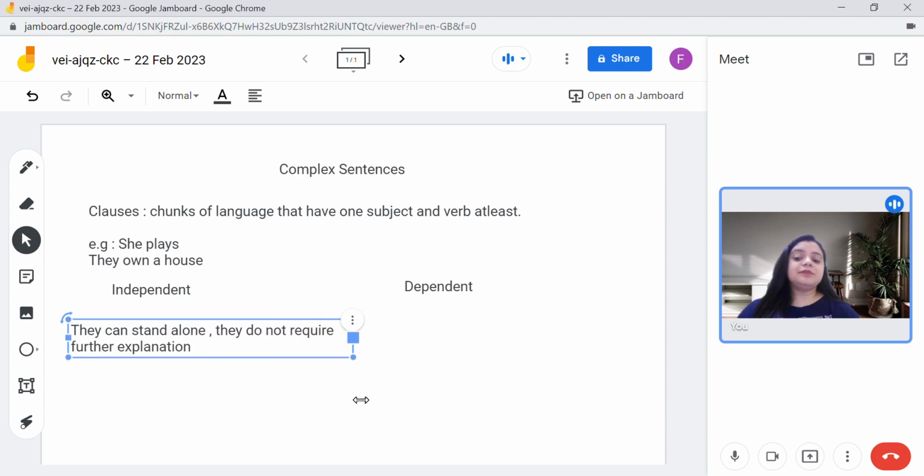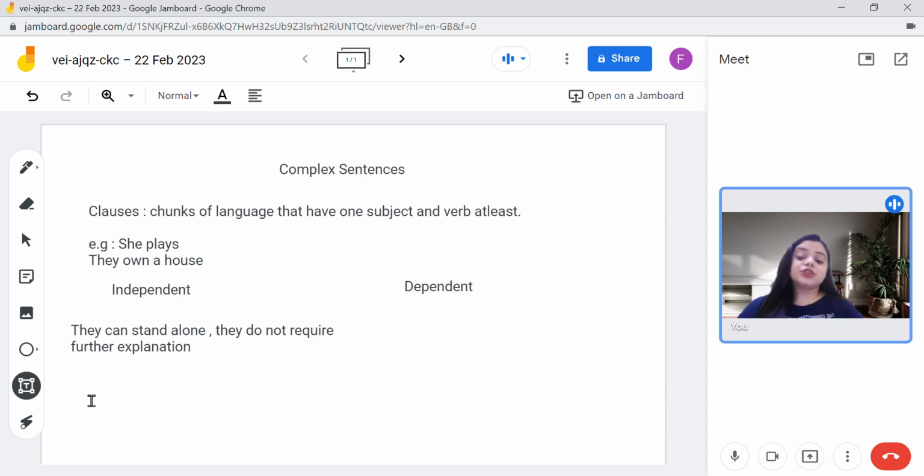They are complete in themselves. They are not looking for further justification, clarification or explanation, because they actually make sense.